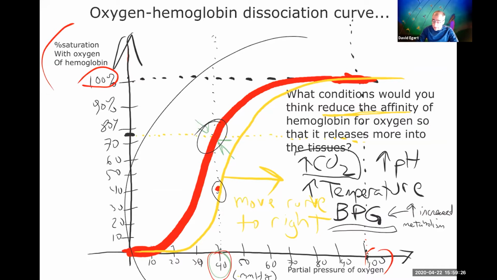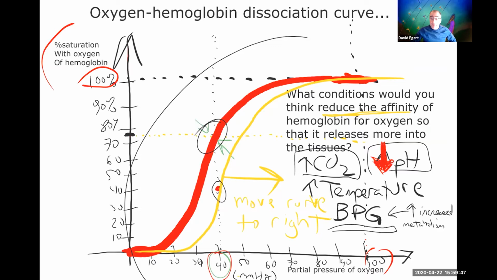And again, increased carbon dioxide, decreased pH, more acidity, oh my God.